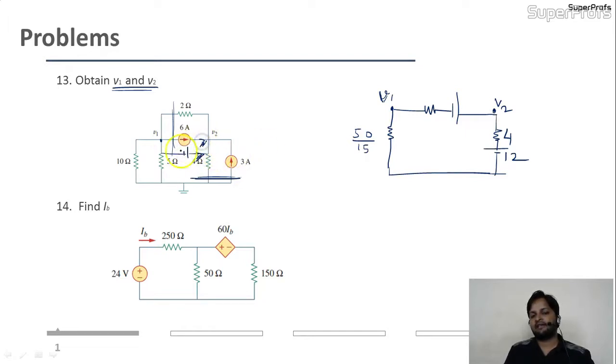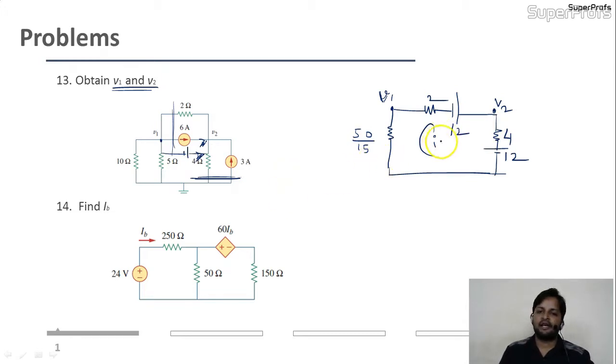The directions are the same. That's why I'm taking this polarity. What is the value of this voltage? 6 into 2, this is 12, and this is 2. Okay, this is the simplified circuit. Now you can find out the current in the circuit. Once you find out the current in the circuit, you can get any value, V1, V2, power drop or whatever.